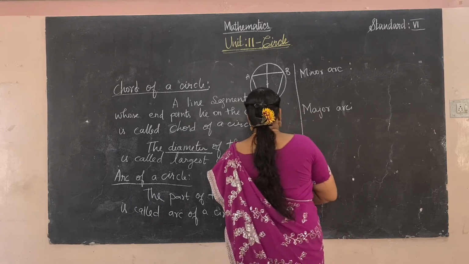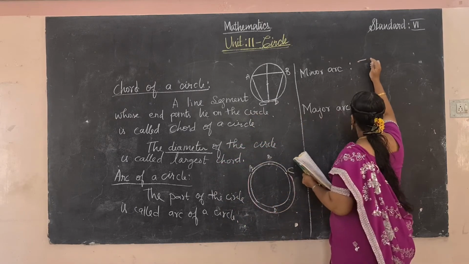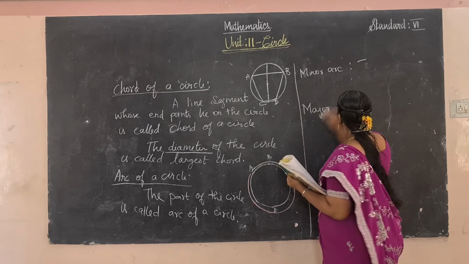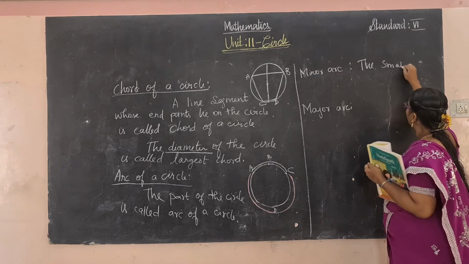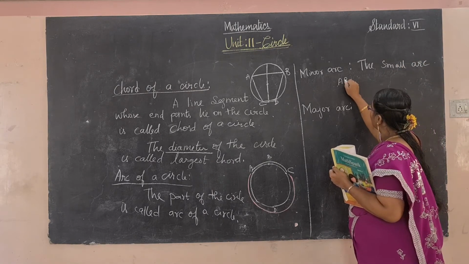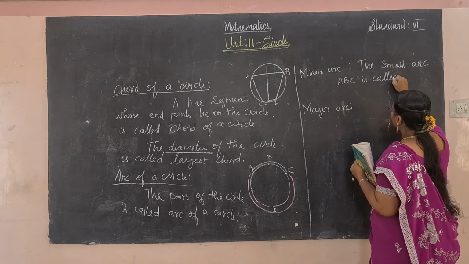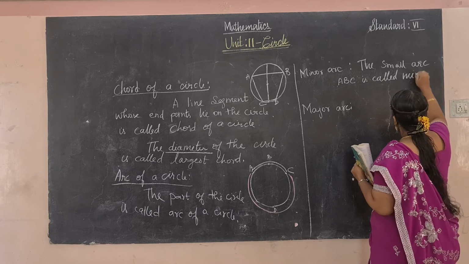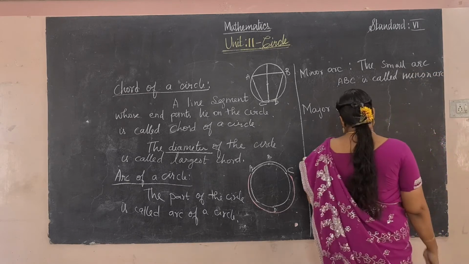The bigger arc here, the smaller arc ABC is called the minor arc.